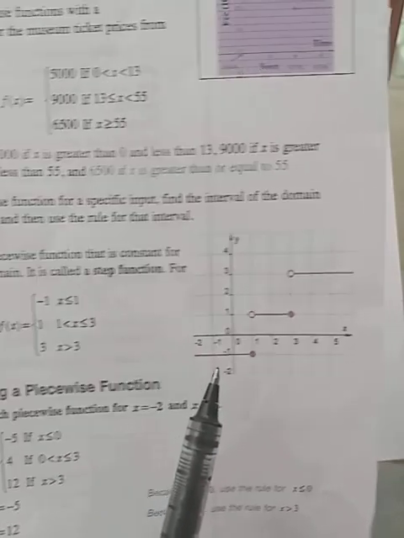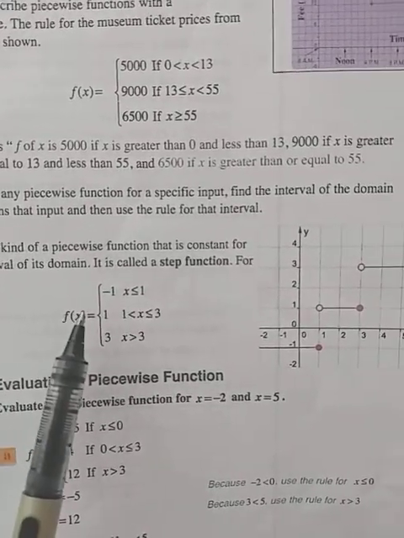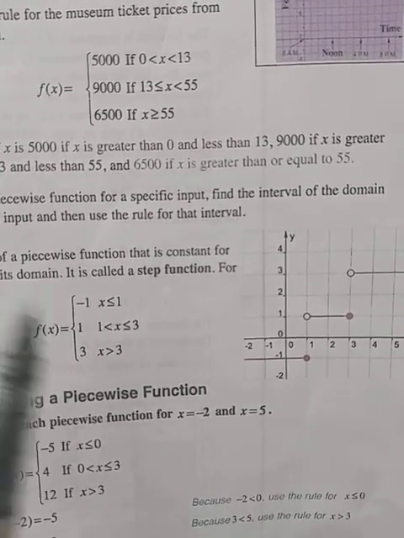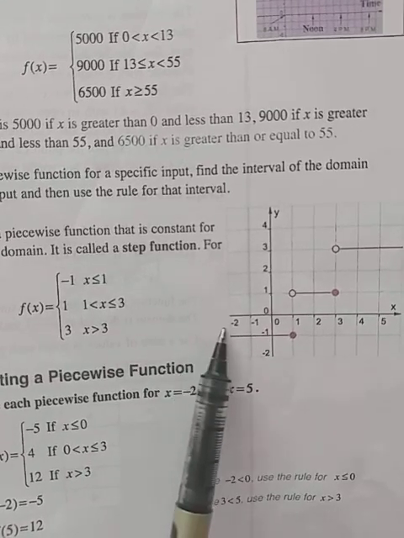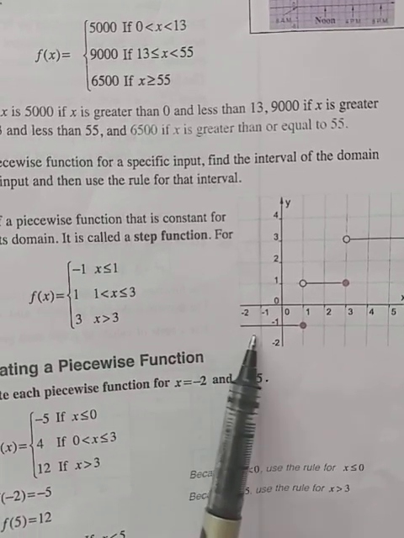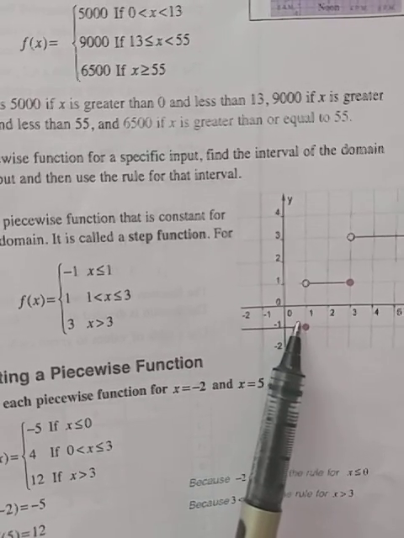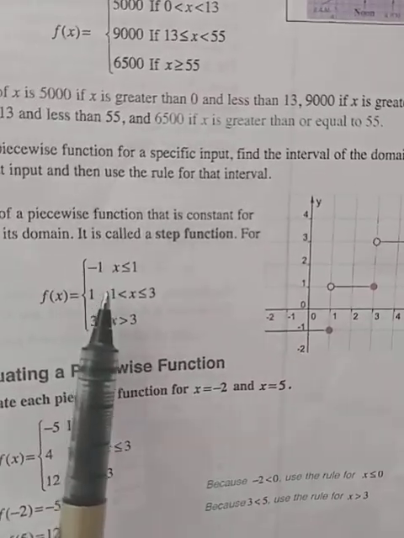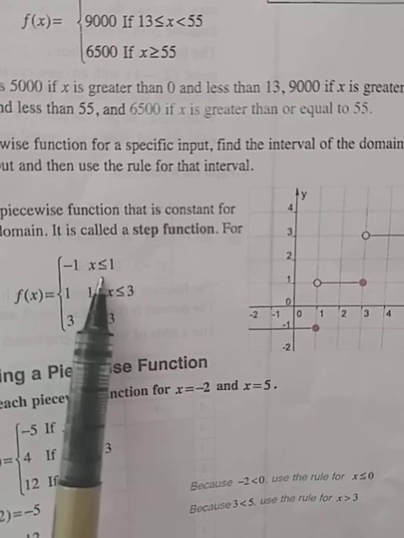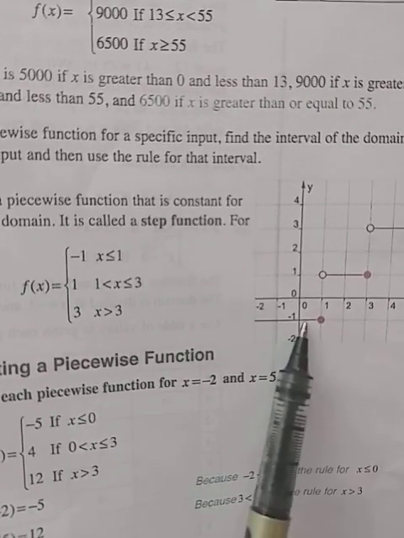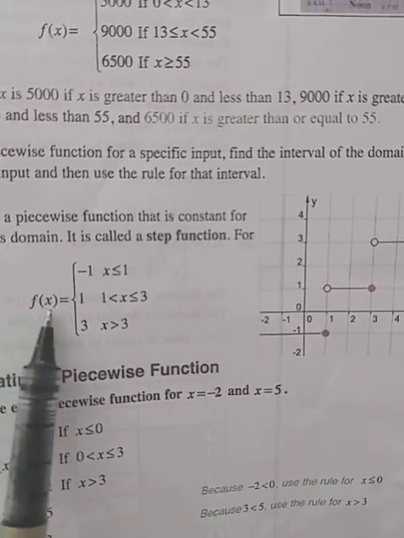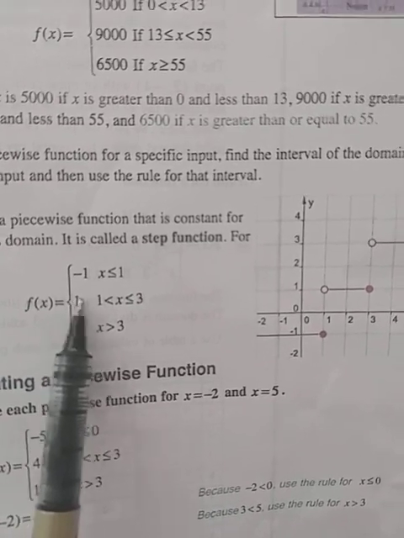Yes. f of x is equal to, starting from left to right, minus 1 if x is less than 1, or equal, shaded, and is equal to 1.